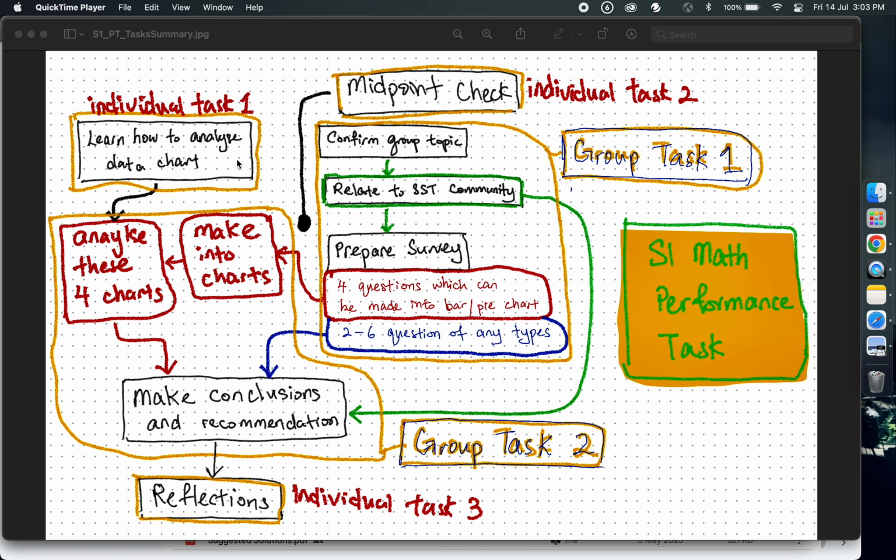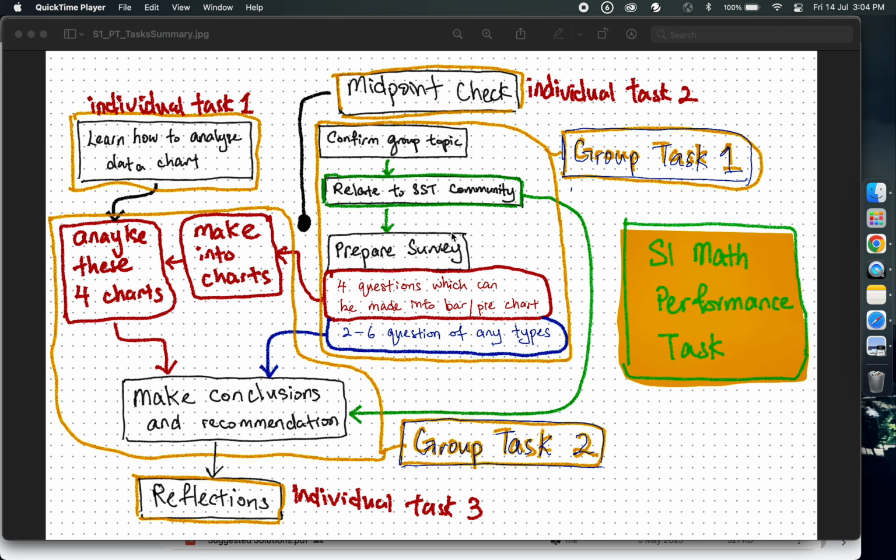After that, ask questions related to your school students. You can ask, what are my fellow students' thoughts on this? Are they aware of this, or are they practicing saving the environment by not wasting food or not wasting plastic bags? These are things that you want to find out. So that's actually the second stage.